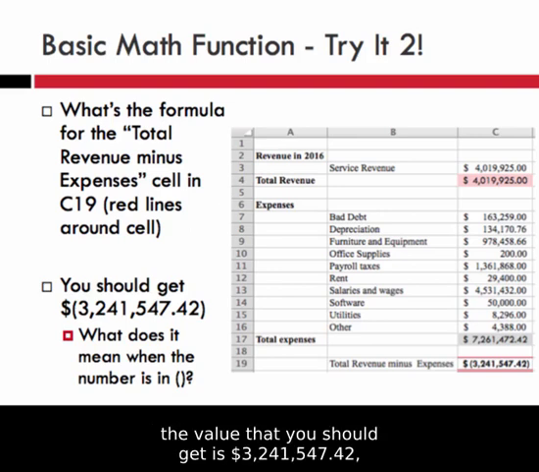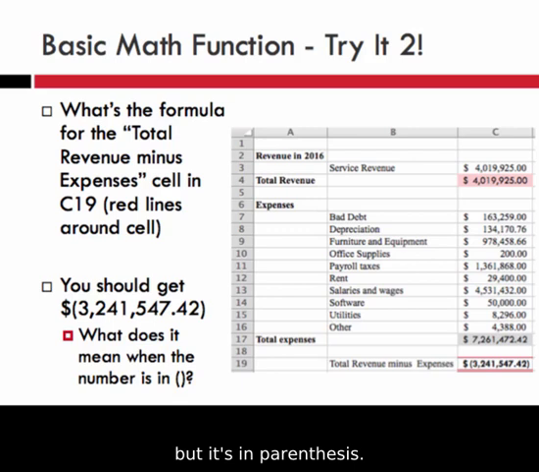The value that you should get is $3,241,547.42, but it's in parentheses. The parentheses in Excel are an indication that the value inside is a negative number. So our value is actually negative $3,241,547.42.